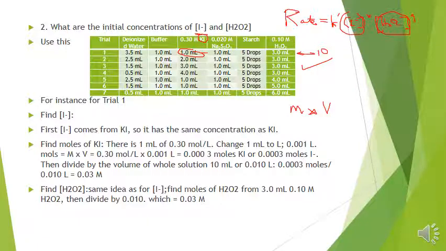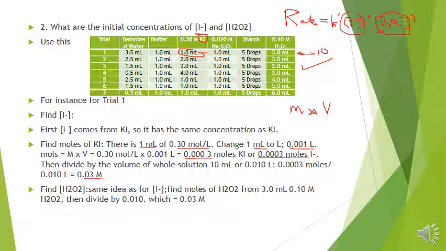The volume is 1 mL, and the molarity is 0.3 molar, or moles per liter. So change the mL to liters, 0.001. Then multiply molarity times liters, and you get 0.0003 moles of KI, or the same 0.0003 moles of I minus. Then you divide that by the amount of liters, 0.01, and you end up with 0.03 molar.